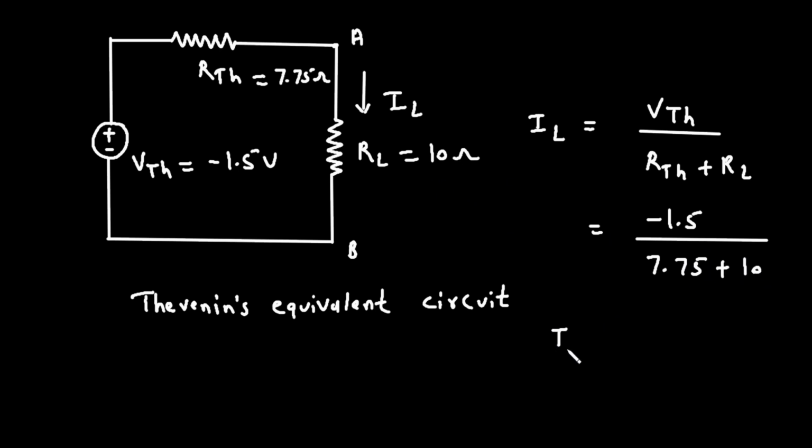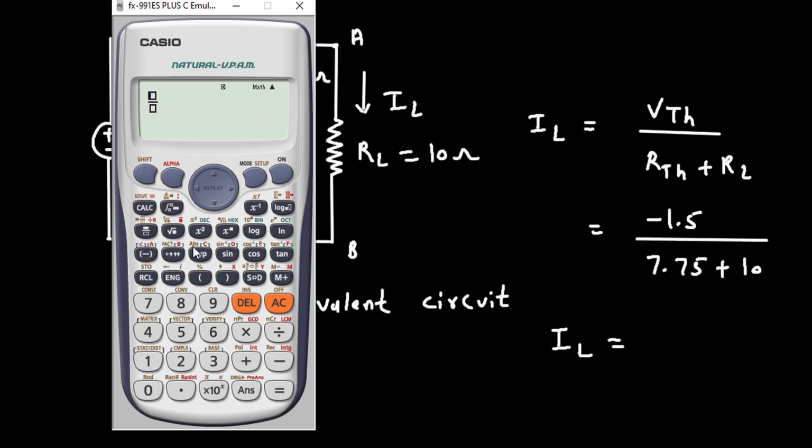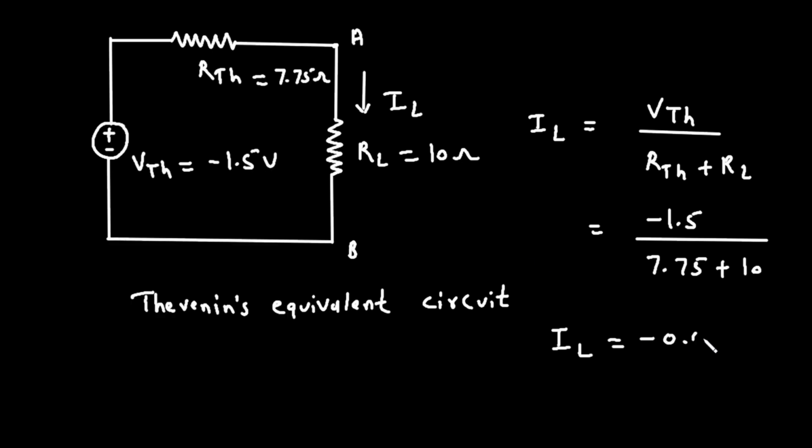So therefore IL is equal to minus 1.5 divided by 7.75 plus 10. So it is equal to minus 0.084 ampere.